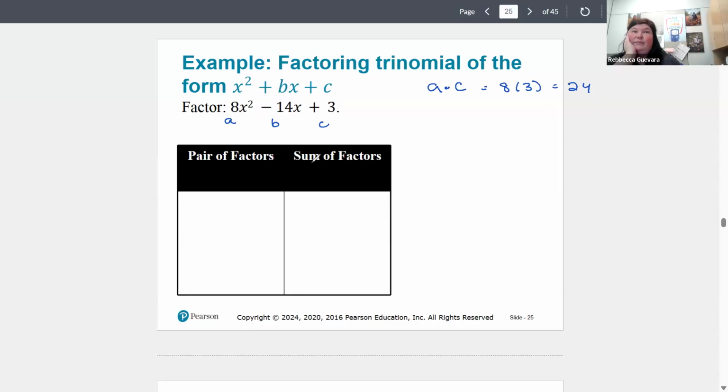So I get 24. What about a pair of factors to give me 24? I'm looking for the AC. This part here, I'm looking for the b. So I need those two factors to add together to give me minus 14.